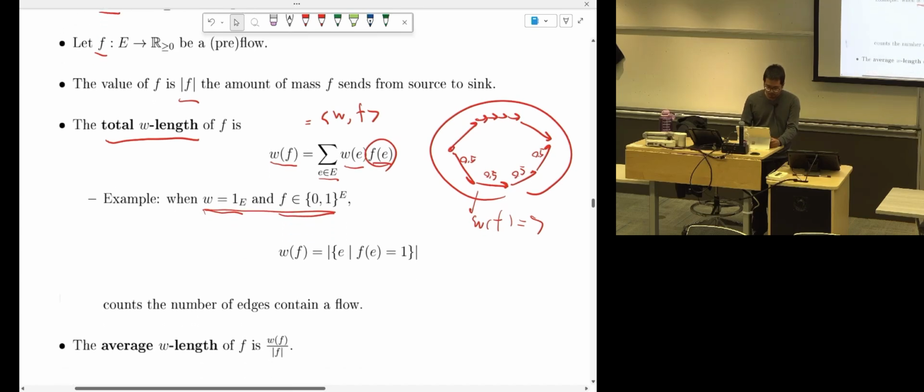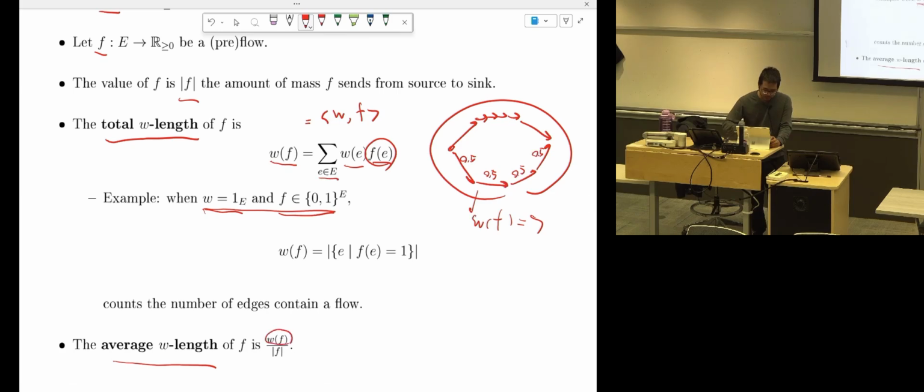Now the average length is the total length over the value of the flow.